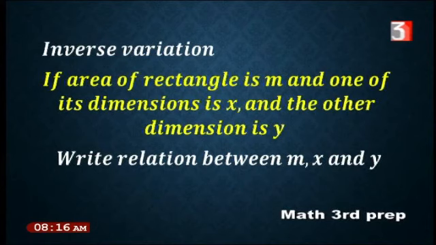All of you know that the area of a rectangle is length times width. So we can symbolize the area of the rectangle as m. So m equals the product of the dimensions of the rectangle, which is x multiplied by y. Then here we can say that m equals xy, as area equals length times width.